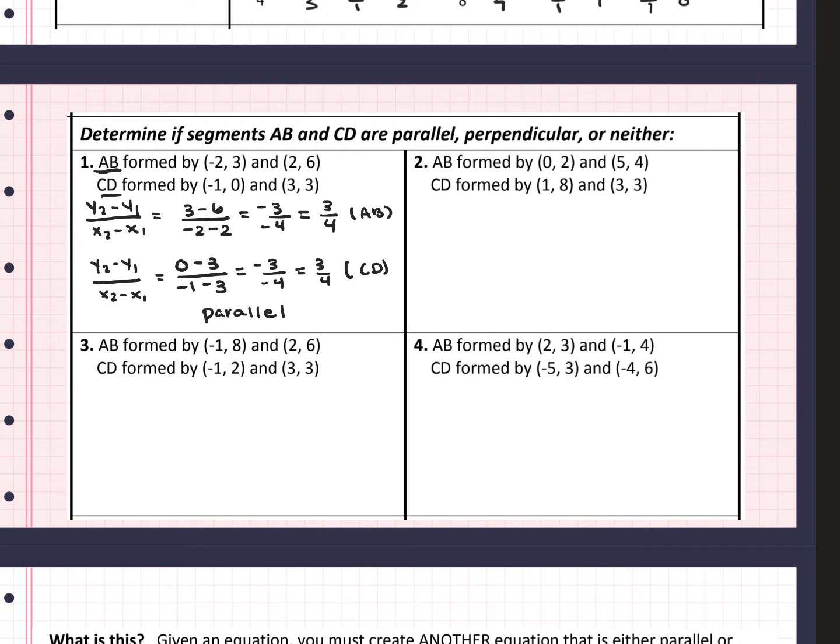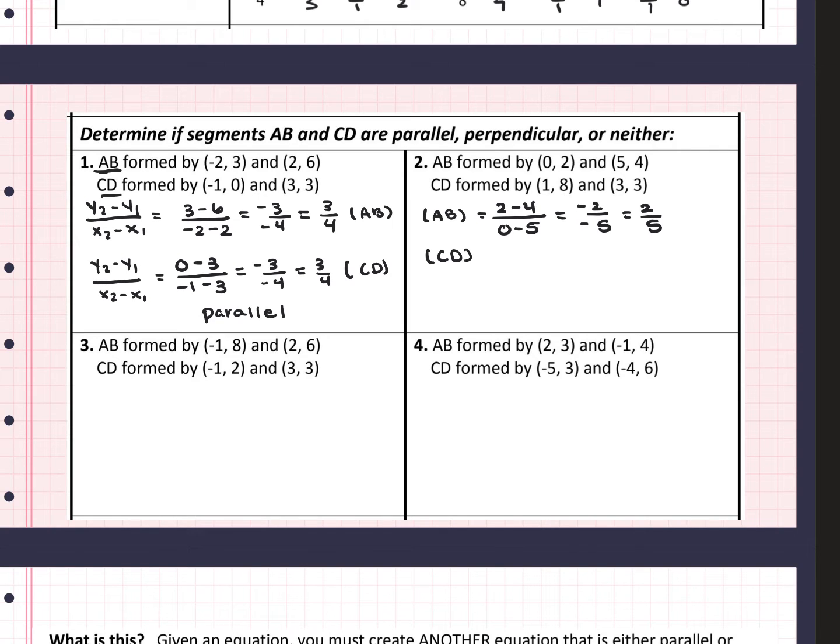All right, so we're going to do the same thing for number 2. Remember, it doesn't matter which point you label as x2, y2, x1, y1. It does not matter. You're still going to get the same slope. So for AB, we have 2 minus 4 over 0 minus 5, which gives me -2 over -5, which gives me 2 over 5.